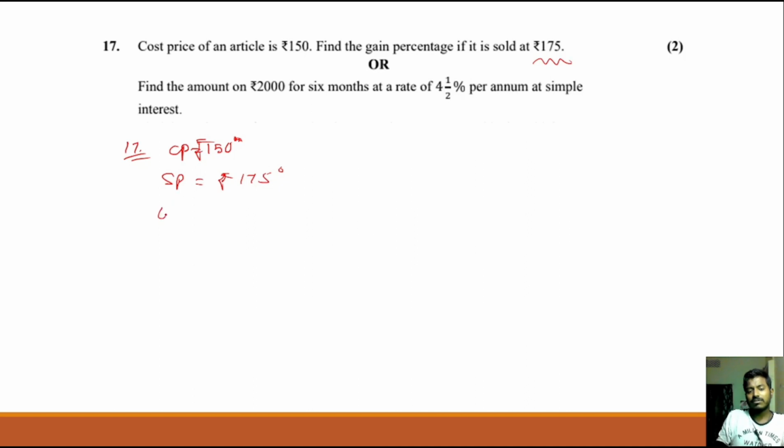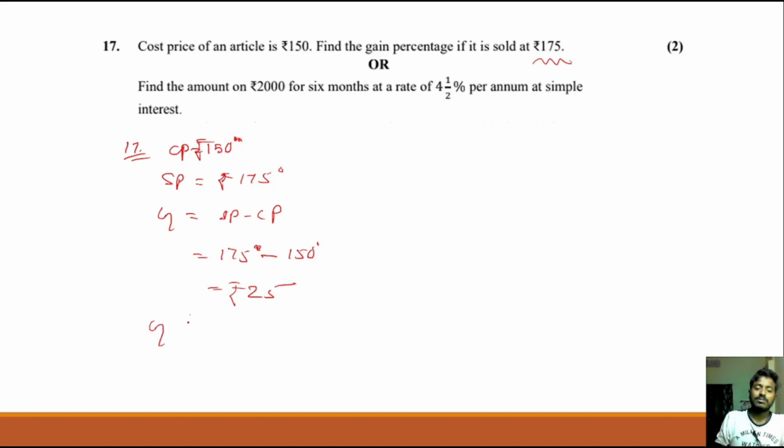Here gain occurs, so gain equals SP minus CP, 175 minus 150. 5 minus 0 is 5, then 7 minus 5 is 2. So 25 rupees.